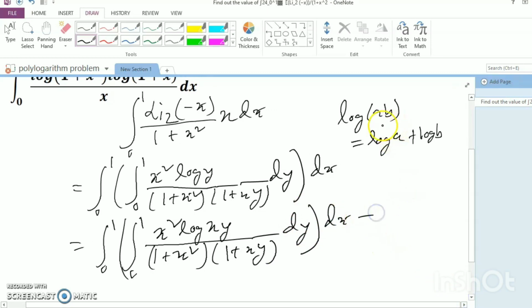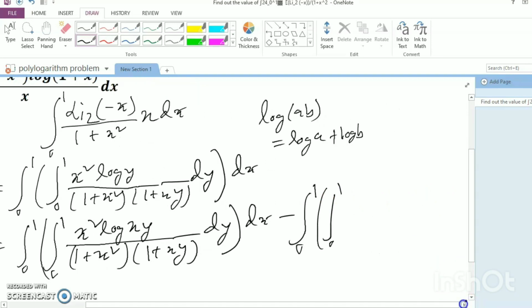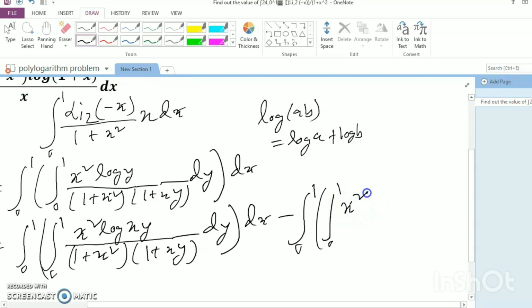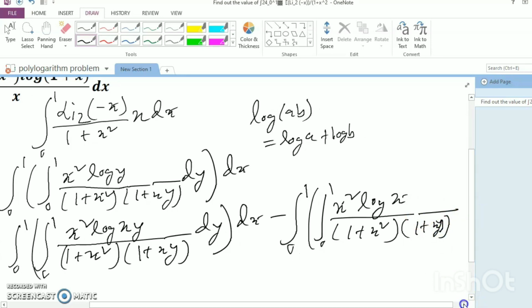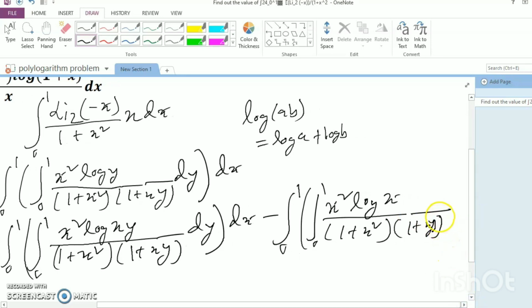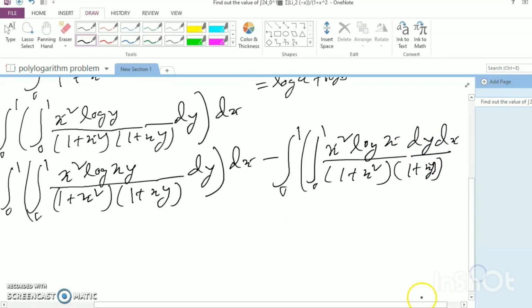Log A can be written as log AB minus log B. Log x divided by 1 plus x square into 1 plus xy, dy into dx. Okay, it is very clear for everyone.